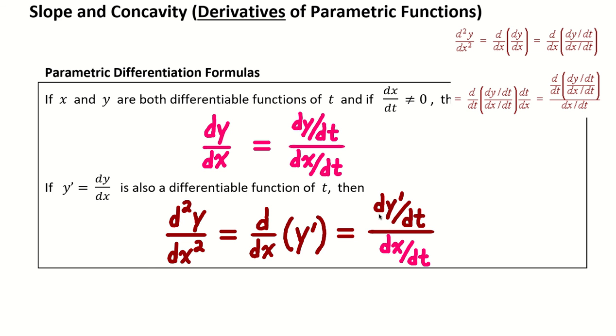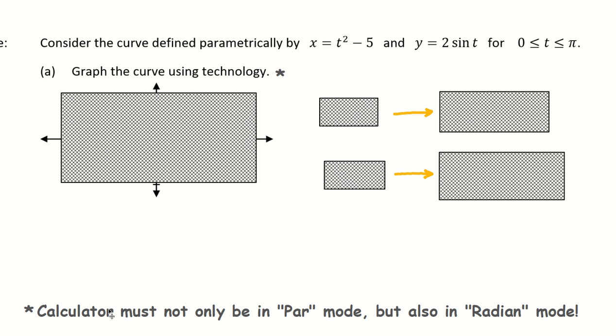I don't want to misspeak, this says the derivative of the derivative, the derivative of y prime with respect to t, like this, all over dx dt. But let's see this in action. I know your head might be spinning a little bit with that, but let's see this in action.